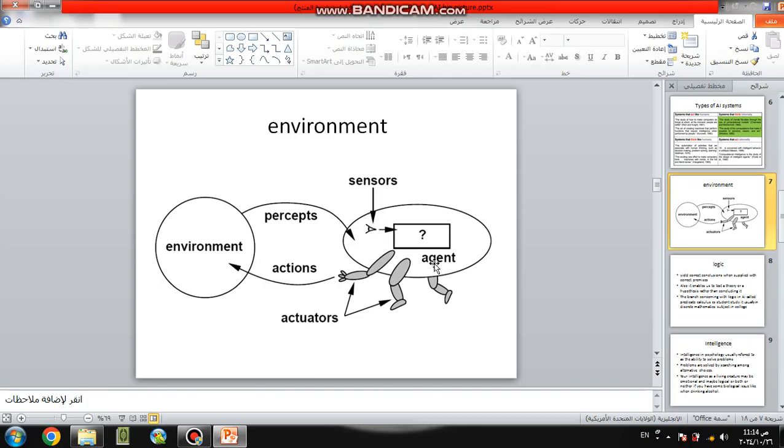But in AI or in software systems, in terms of chatbots, okay, we don't have these actuators. We only use the data that we get from sensors or from different environments. We use these actuators in hardware systems or in hardware artificial intelligent agents to do intelligent actions.